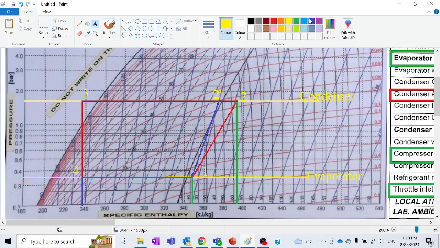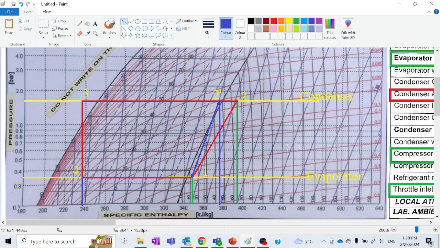Now again you can find the corresponding enthalpy values from here. We already know H1, so just trace a vertical line down here, and from this line you can again find the enthalpy, which is very close to 375, or somewhere around 375. This new enthalpy value will help you to find your isentropic efficiency.